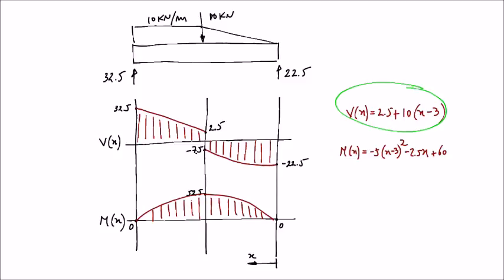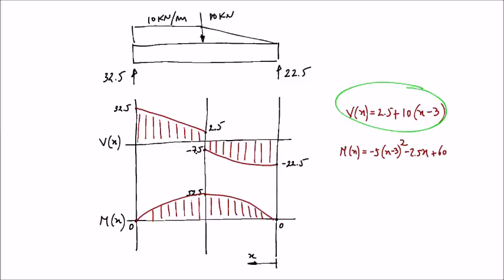It is very interesting, as you can see, that if you look at the transverse shear force at point B, we have a transverse shear force of 22.5, which is exactly the same as the reaction at point B, and at point A we have a transverse shear force of 32.5, which is also exactly the same as the reaction at point A, as expected.